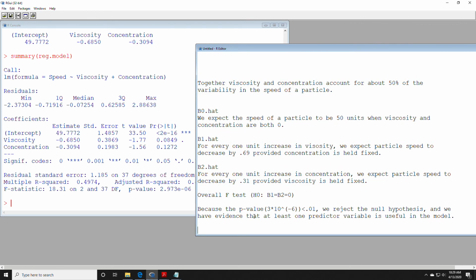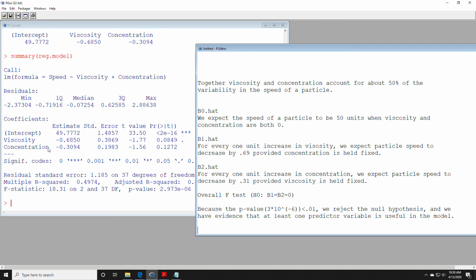Notice that is in direct contrast to the information that we got from these. This says viscosity is not useful. This says concentration is not useful. This says at least one of them is useful. And this is what we have to follow. This is a common case where both of these variables are kind of measuring the same thing. Viscosity is kind of how thick the liquid is.